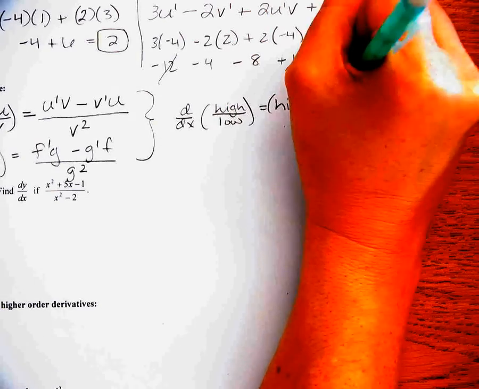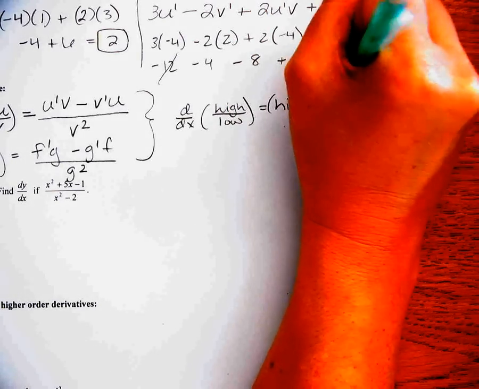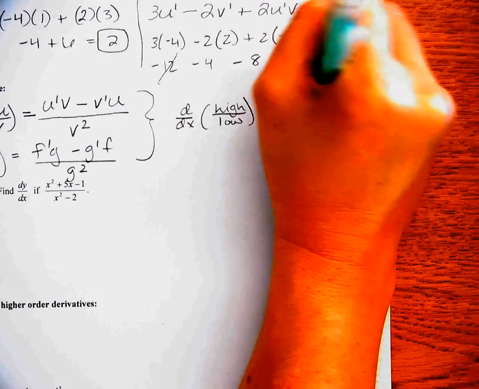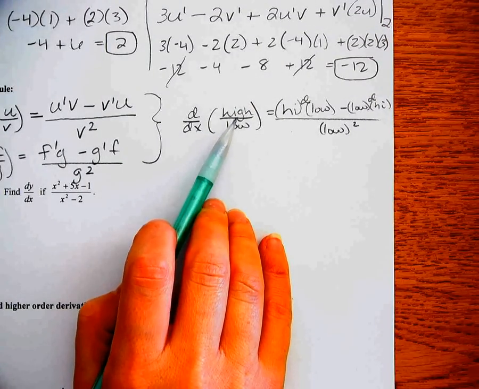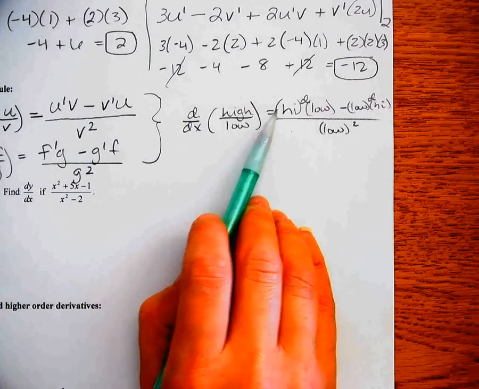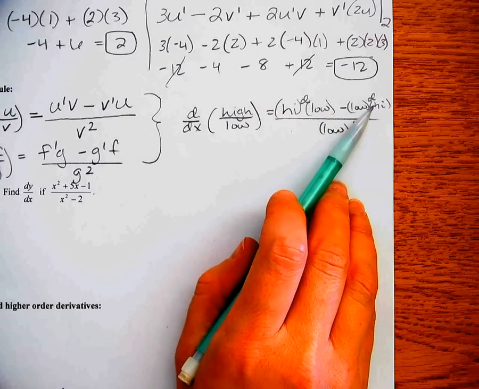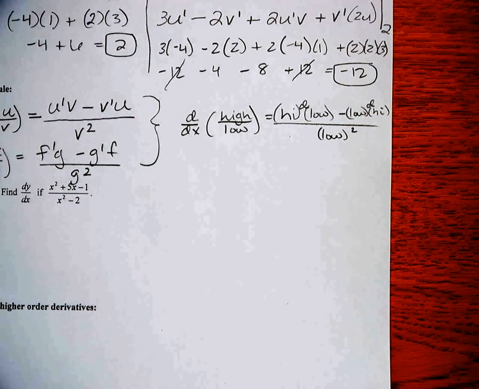High d low minus low d high all over low squared. So it's the derivative of the top times the bottom minus the derivative of the bottom times the top all over the bottom squared. High derivative of that, low, minus low derivative of that, high, all over low squared. High d low minus low d high over low squared.